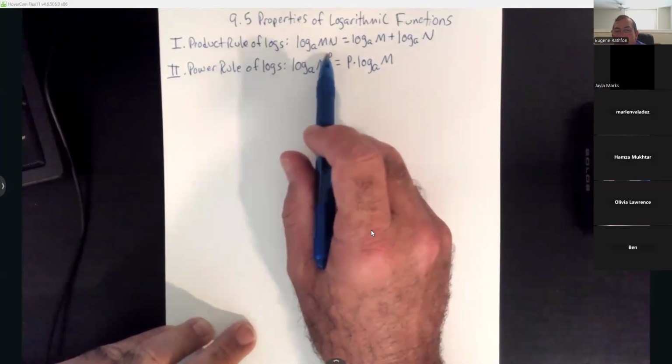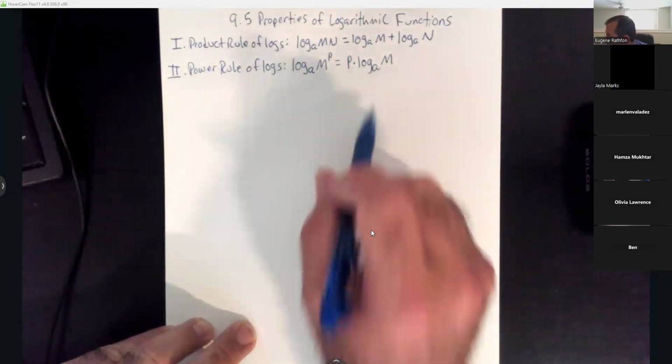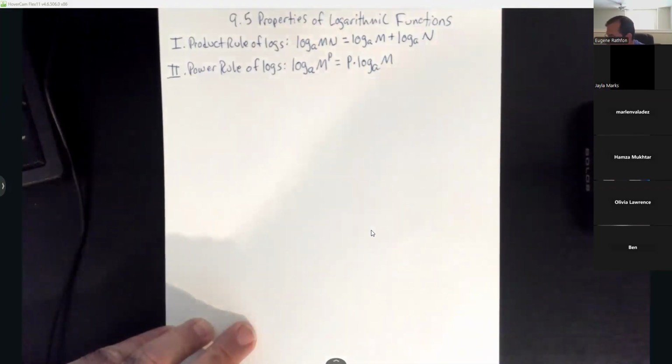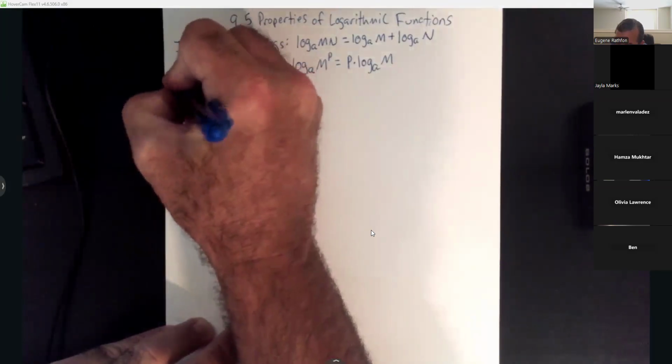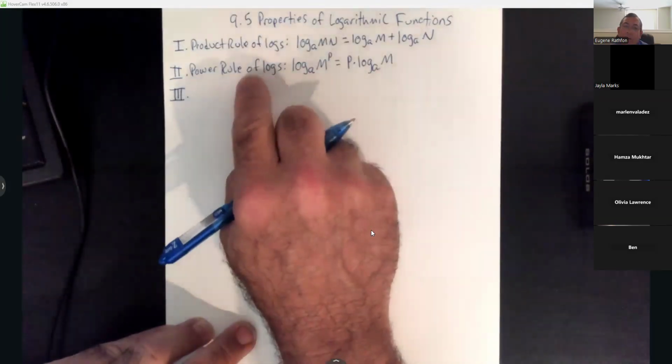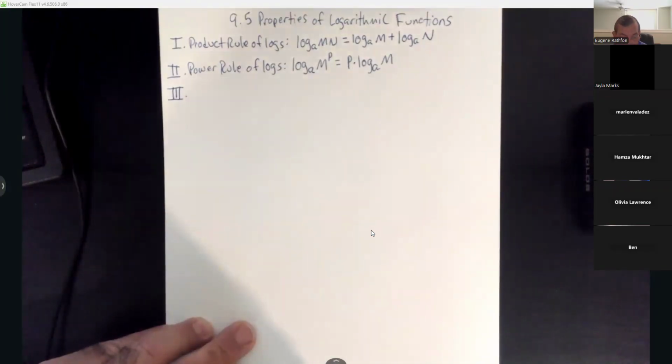Anytime we got an exponent up there, we can bring it down to the front and rewrite it as a product. And that power rule is big. It helps us solve for variables when they're exponents, okay? And we'll see that tomorrow.